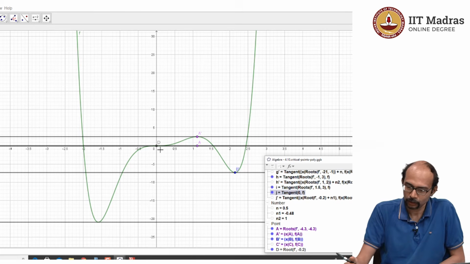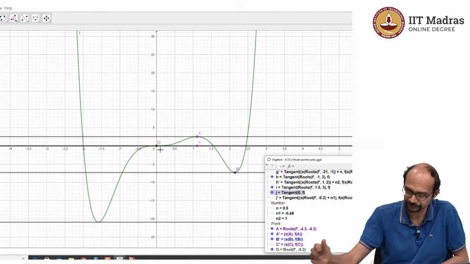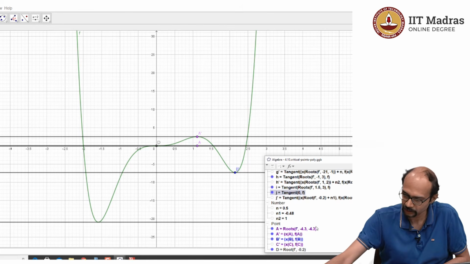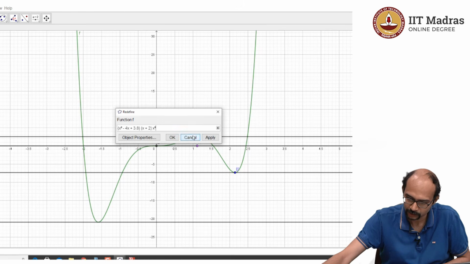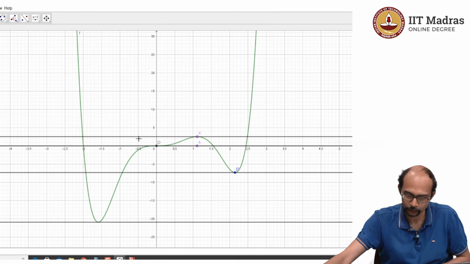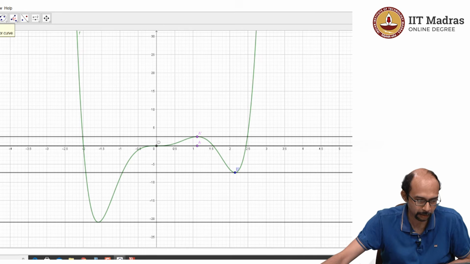Okay, and there's also a point here which unfortunately has not gotten marked. This and that corresponding number somewhere here.